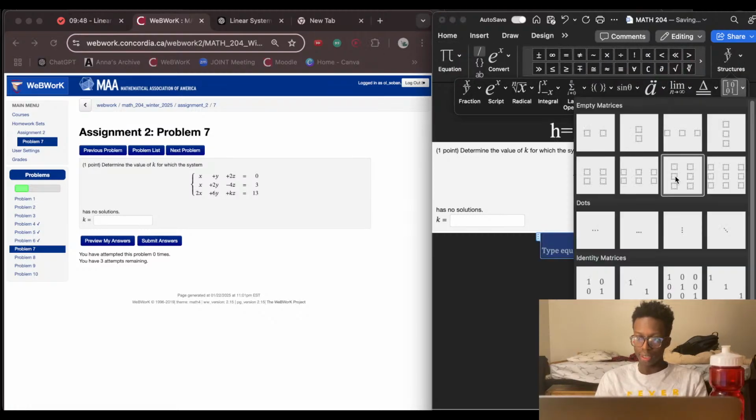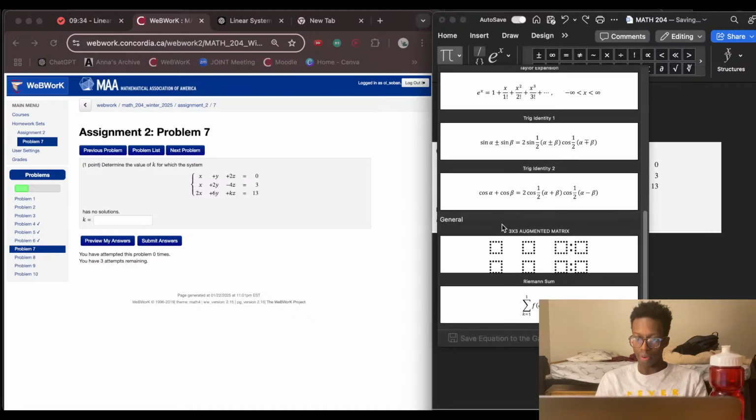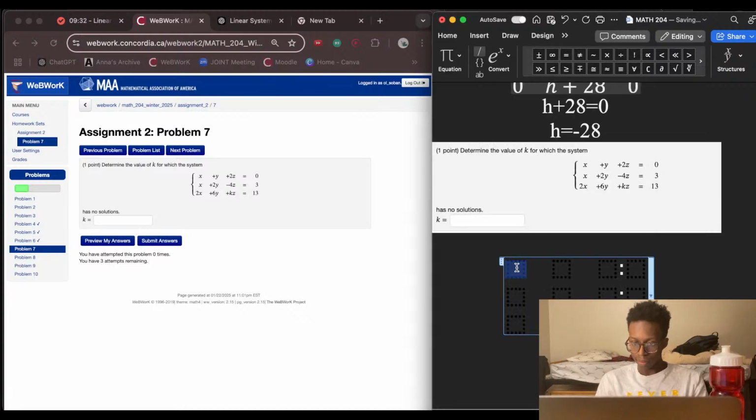So then that would give you, this is a 2 by 2. Interesting. No, I don't need 2 by 2. I need my full equation, the one that I made.